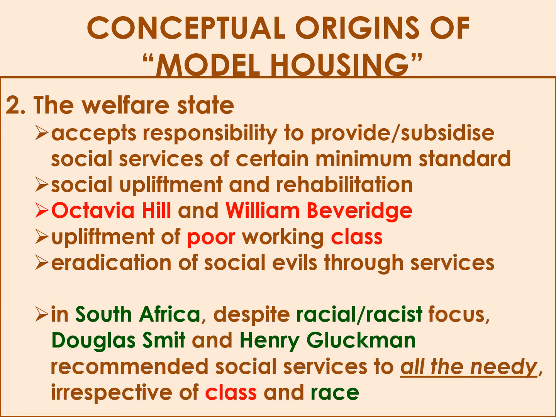The welfare state concept started to gain momentum within the South African context during the 1930s. Despite the strong racial and racist underpinning of the time, many leading administrators like Douglas Smith and Henry Gluckman recommended the implementation of social services to all the needy in South Africa, irrespective of class and race.